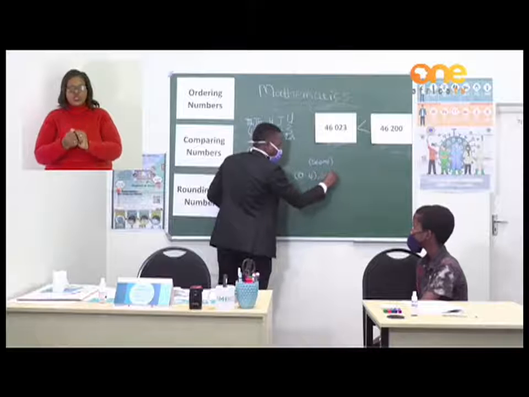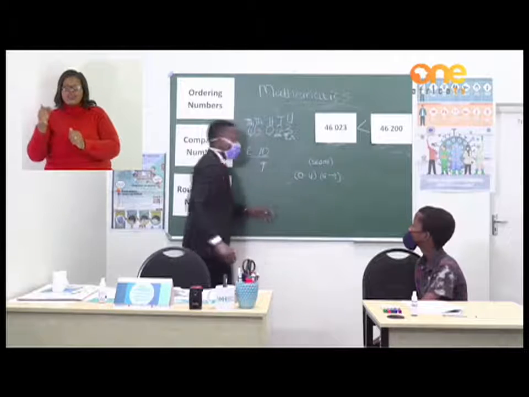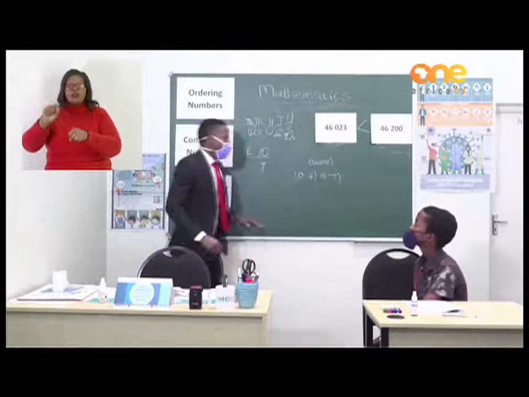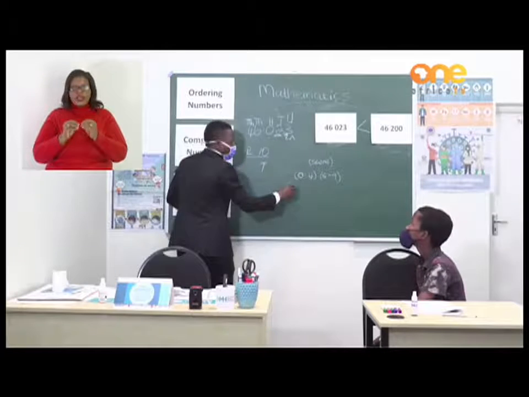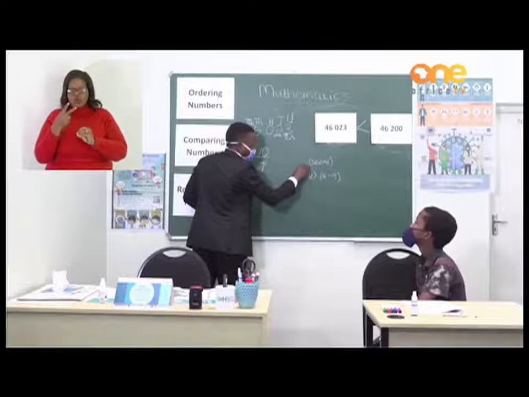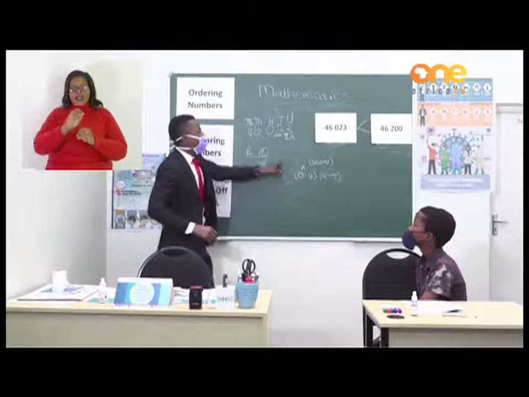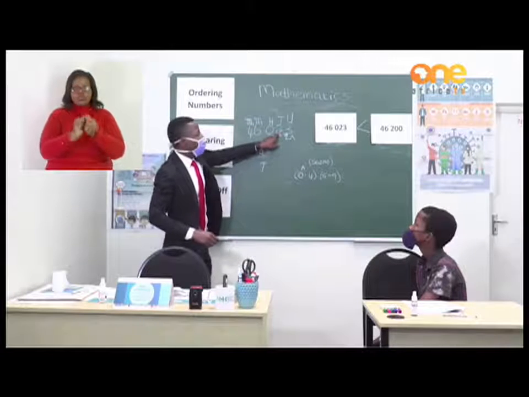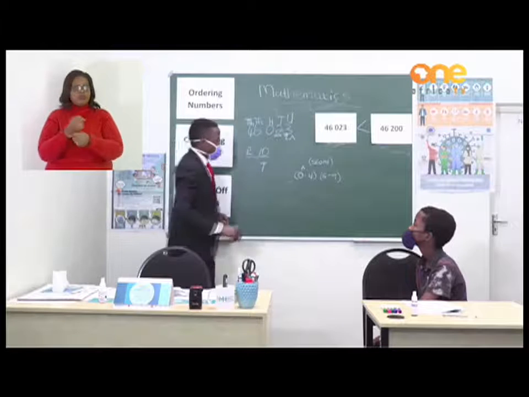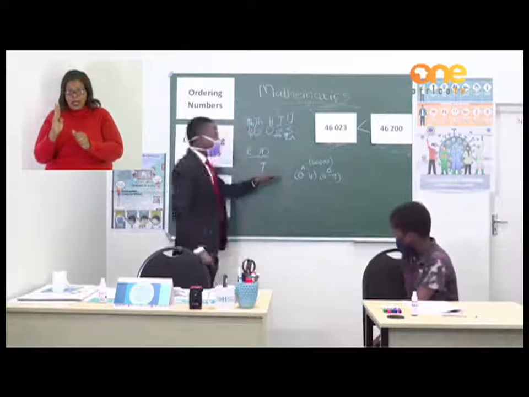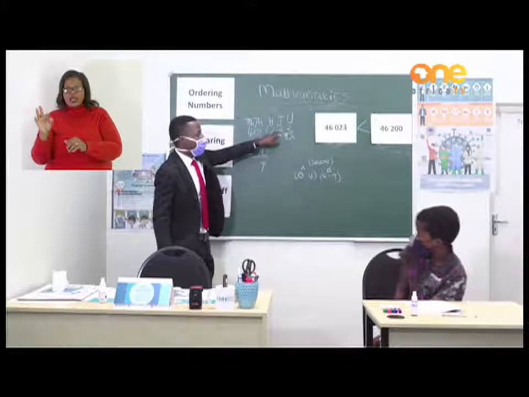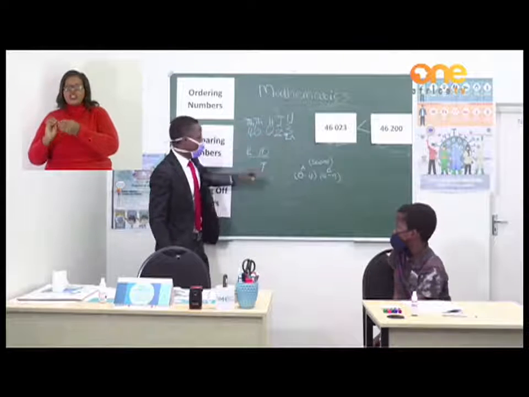From 5 to 9, those numbers can score. If the number you are looking at falls in category A, it will not change the number you are rounding off. But if it's falling in category B, then it can change the number you are rounding off.